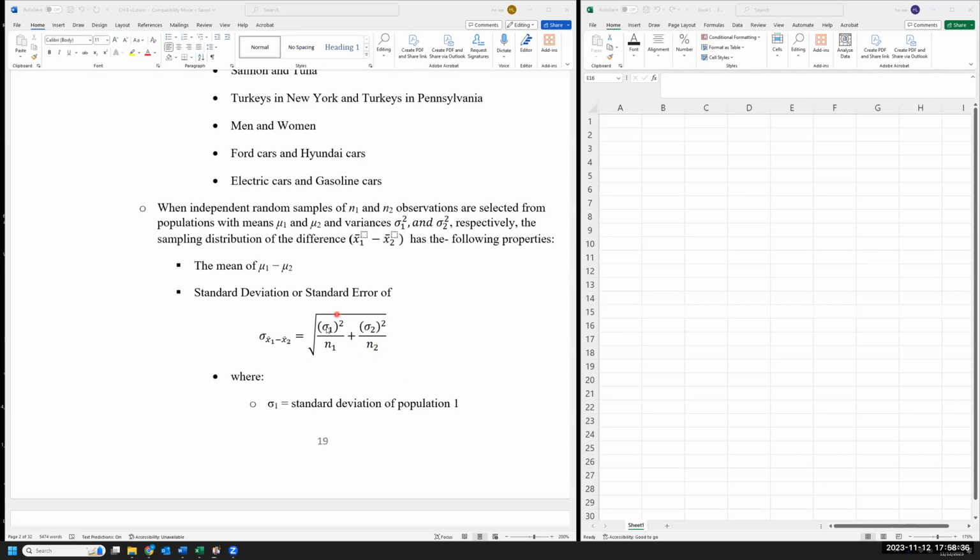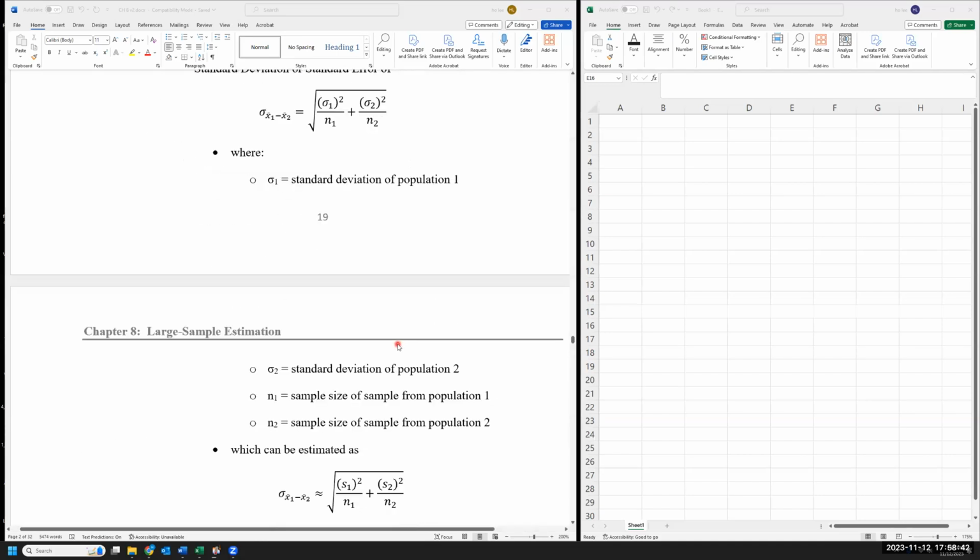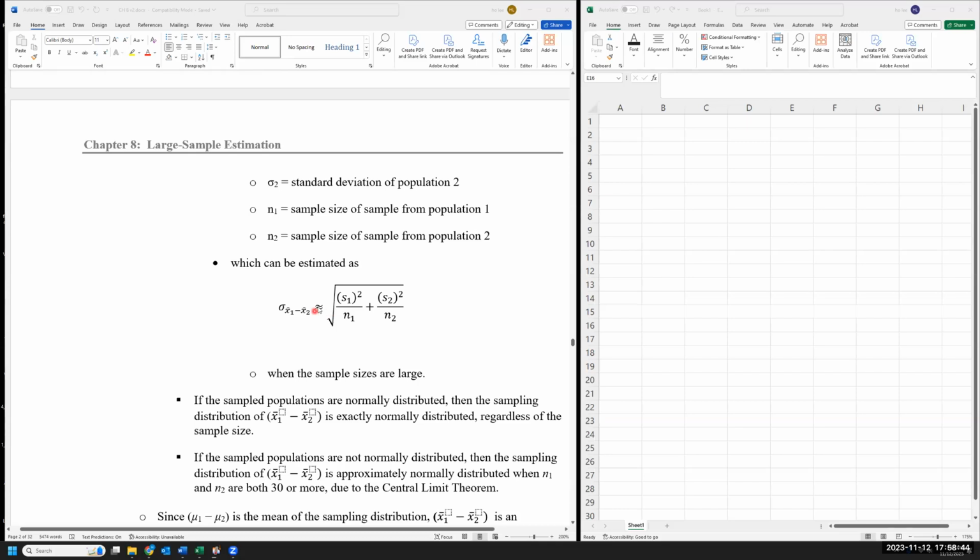Of course, we don't know these things. Sigma 1, sigma 2, we don't know those things, okay? So what we have to do is say, well, it's almost equal to the sample standard deviation: sample variance of population 1 and sample variance of population 2, okay?